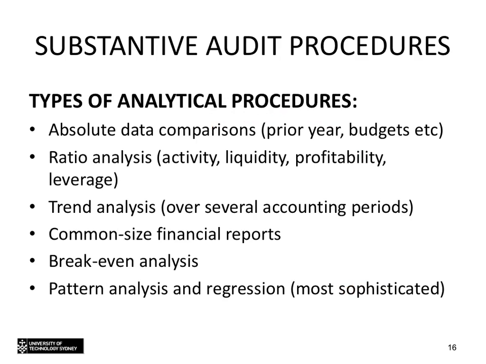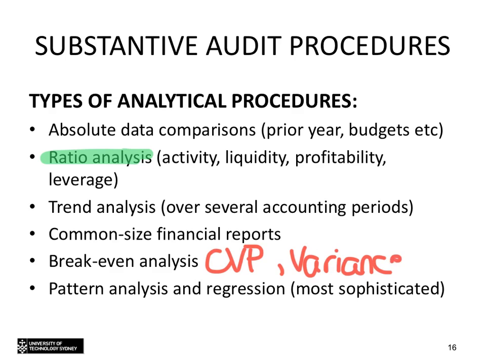So the different types of analytics, the sorts of things that we focused on and that I've got you to talk about a lot, are ratio analysis. Who remembers CVP, break even? Cost, volume, profit? Some people look less than happy that I've mentioned it. We've got our cost, volume, profit analysis. Do you guys remember doing variance analysis with the little tables? I still remember drawing those.